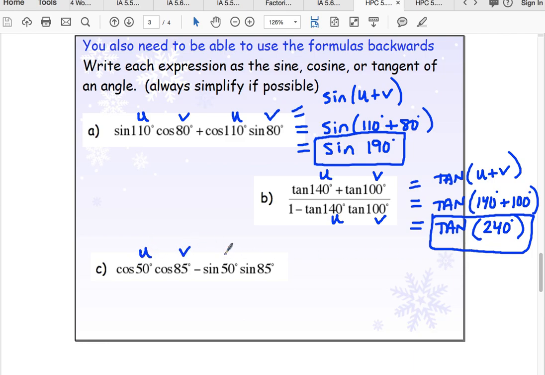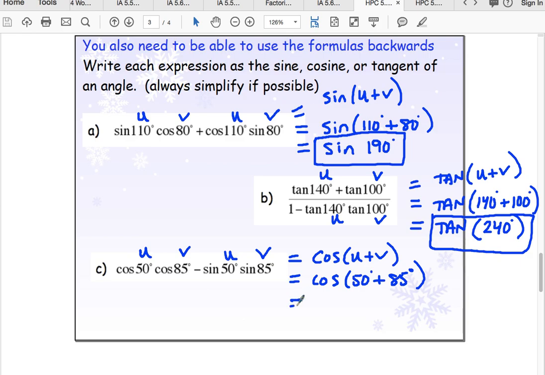Down here, if I assign those u's and v's, I have cosine u cosine v minus sine u sine v. That is the formula for cosine of u plus v. So u is 50 degrees and v is 85 degrees.